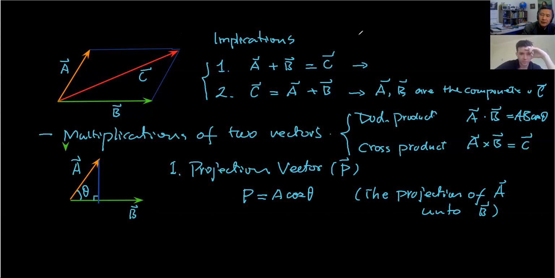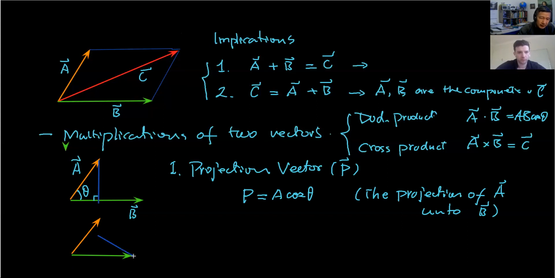Similarly, you can also define the projection of B over A. Let's draw the diagram here, side by side. This is A, and this is B. Make sure it's not too big or too short. You can imagine a direction perpendicular to A. Projection is a very important concept when we study linear algebra.